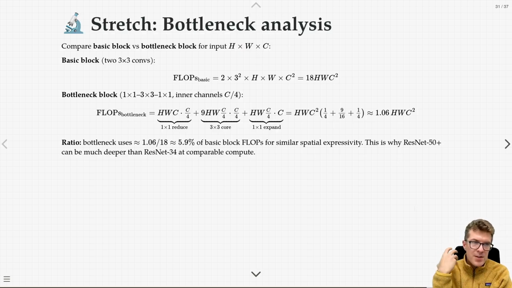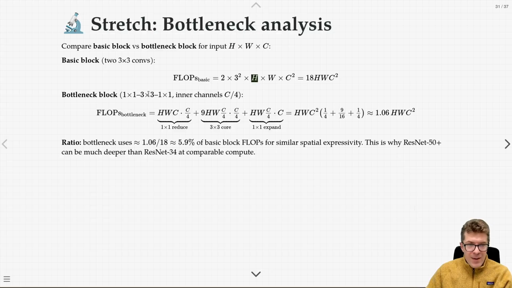So comparing basic blocks against bottleneck blocks according to H, W, and C, we have the compounding complexity of H, W, and C. C is our channels, W is width, H is height.